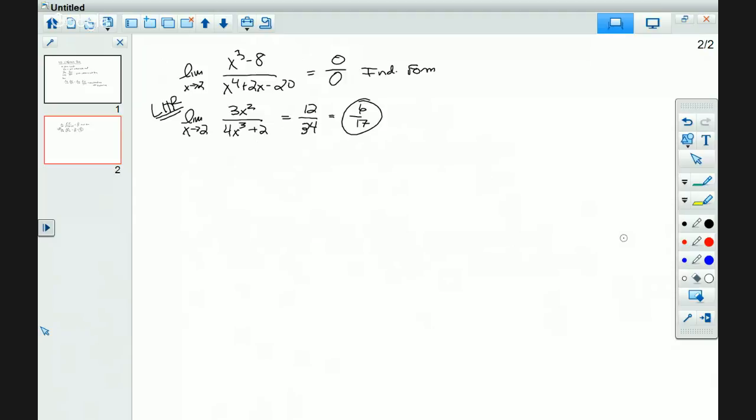Okay, here's another one. What's the cosine of pi over 2?